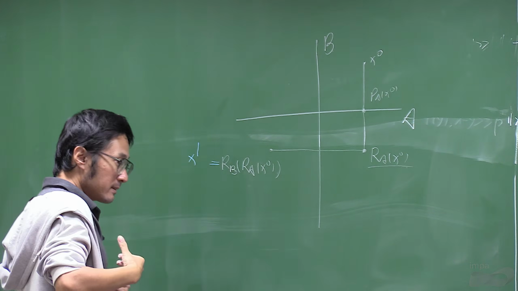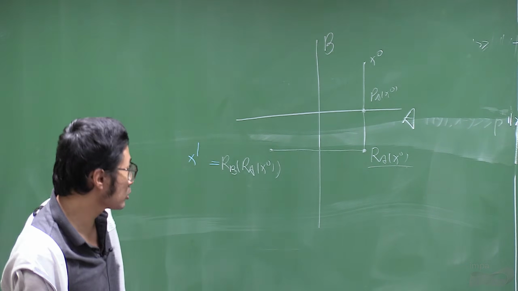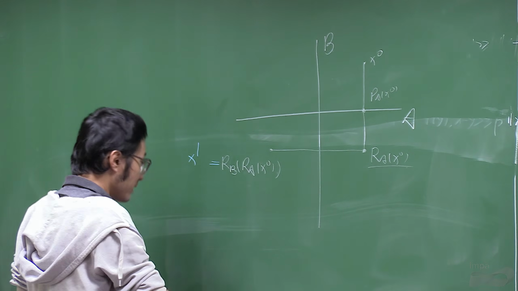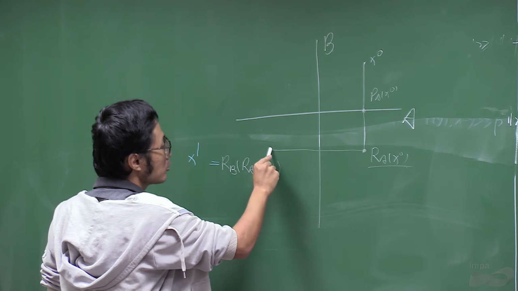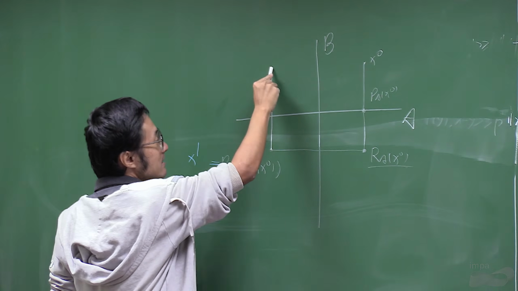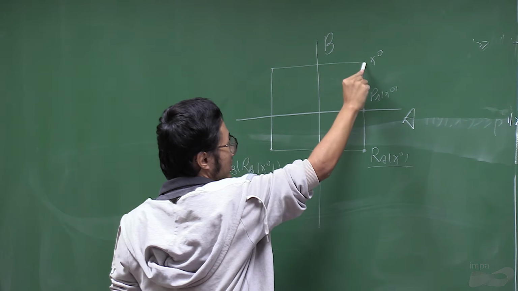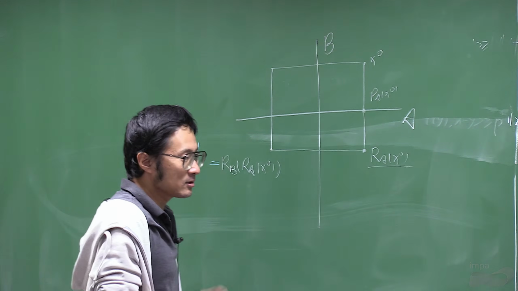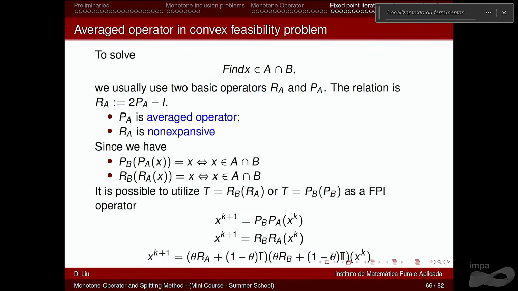So this is the first iteration. Then you do another one: first you reflect to A, and then you reflect to B, and you go back to the original point. So this example shows that if we use the composition of reflections, which is a non-expansive operator, then you cannot get convergence.